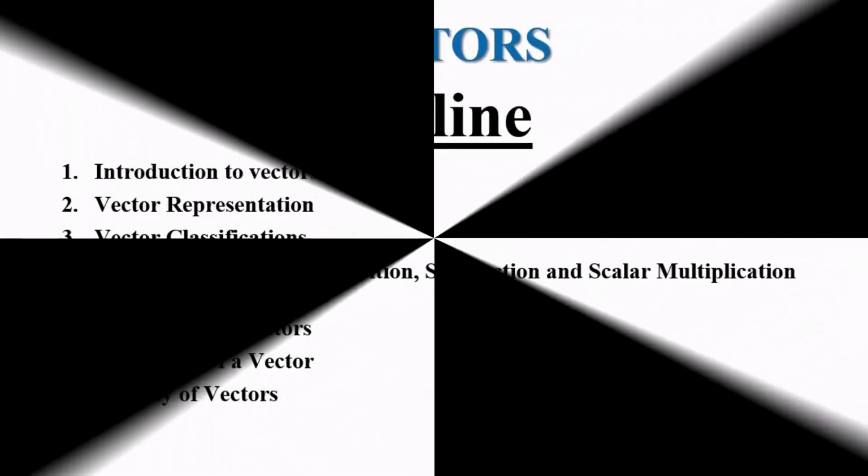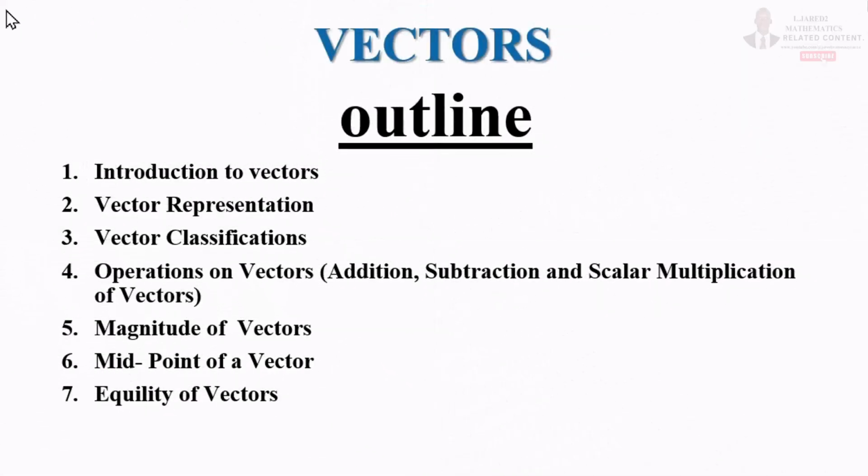So in this video, we are going to talk about number 1, the introduction to vectors. Number 2, the vector representation, like how do we represent vectors? Number 3, the categories, rather the classification of vectors.